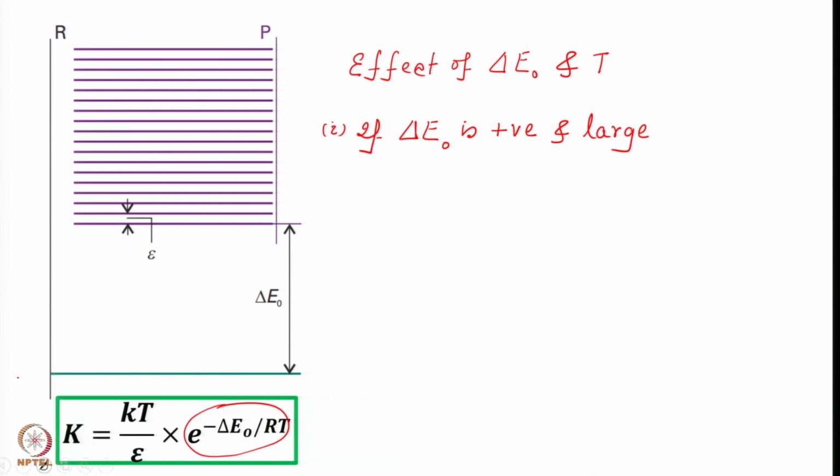The second case we will choose: if delta E naught is small but positive.